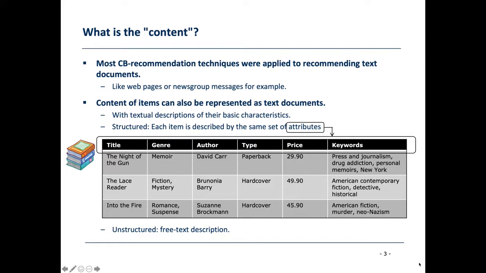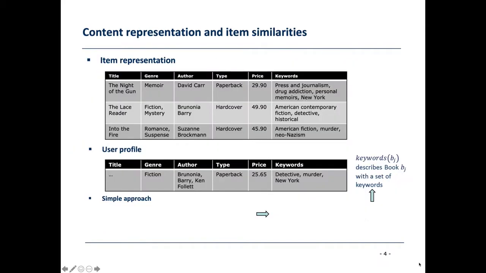So those attributes, if we're lucky, are given to us. If not, we might try and infer them using some kind of topic model or some other type of classification mechanism that we won't talk about in this particular course, but you would certainly in a machine learning course.